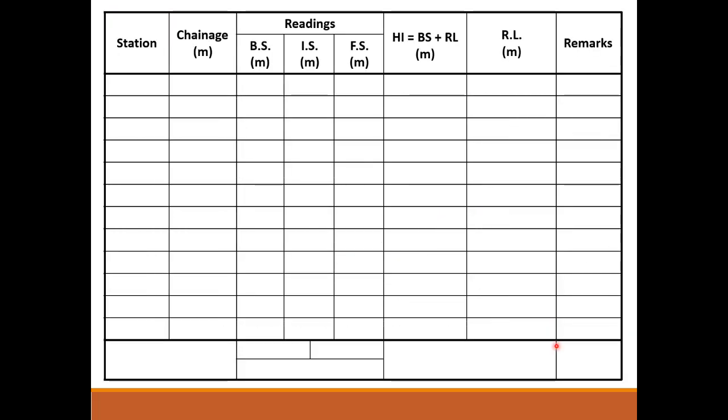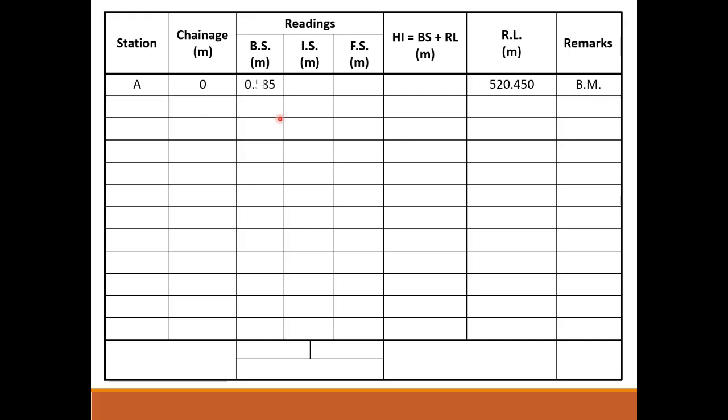This is the table to find the reduced levels using height of instrument method, just like the previous example. So this is the information given to us. At station A, the chainage is 0 because it is a starting point where the reduced level is also given, 520.450. It is a benchmark.